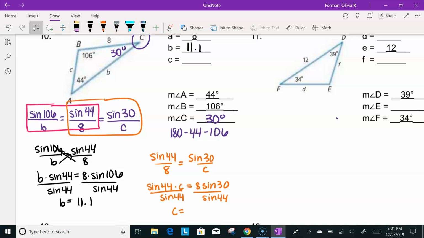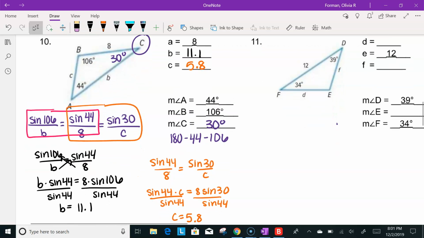So in my calculator, remember, take 8 times sine of 30, hit equals. Then divide that number by sine of 44, and you'll get that C is about 5.8. Okay, so we go and we write that in.